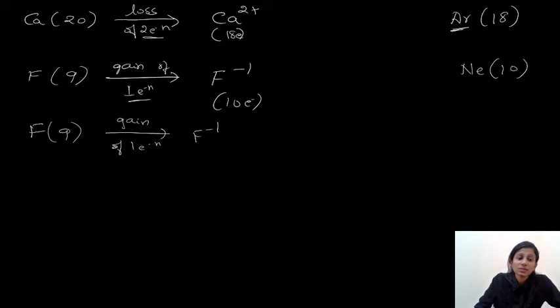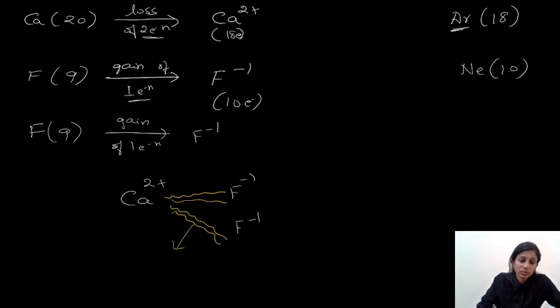So there is a transfer of electrons from calcium to 2 fluorine atoms, and the electrostatic force of attraction which holds these ions together is called an ionic bond. So this way there is a formation of an ionic bond.